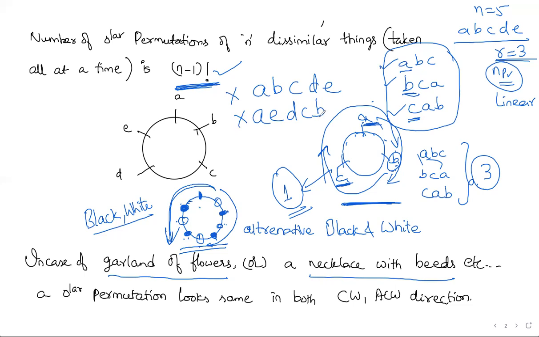But in some examples, like flowers or a necklace with beads, the anti-clockwise and clockwise directions can be ignored. Both are considered the same in these kinds of examples, right?